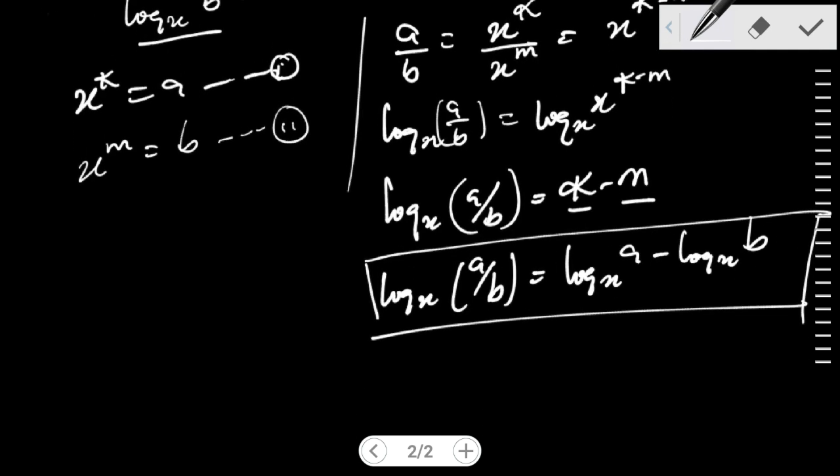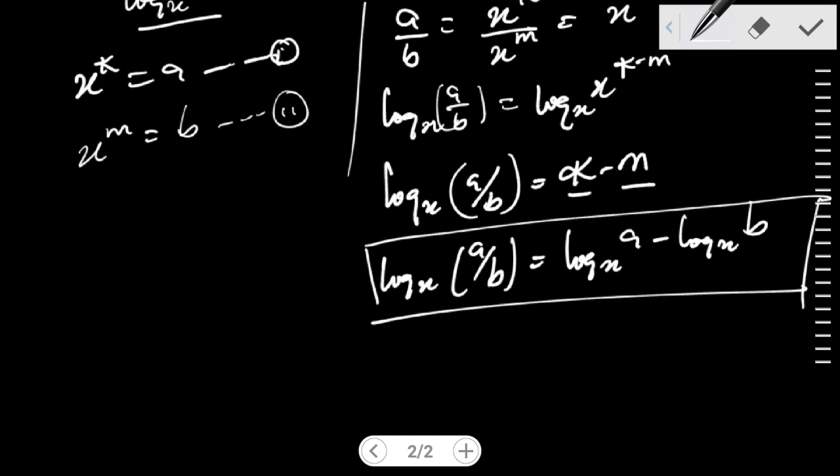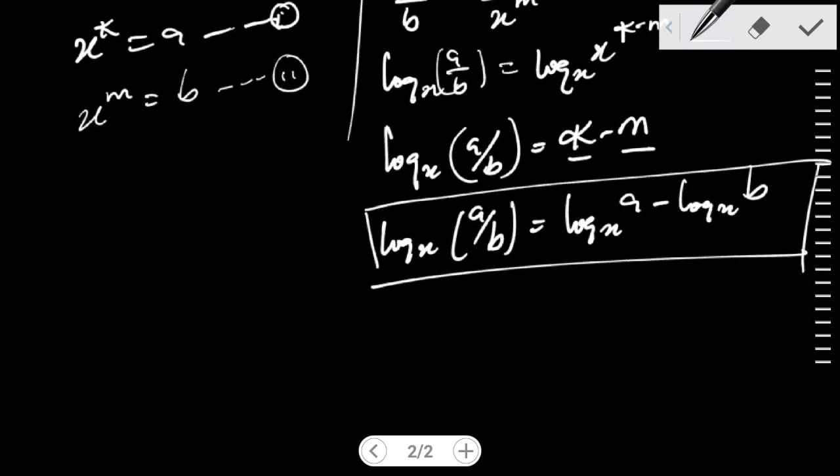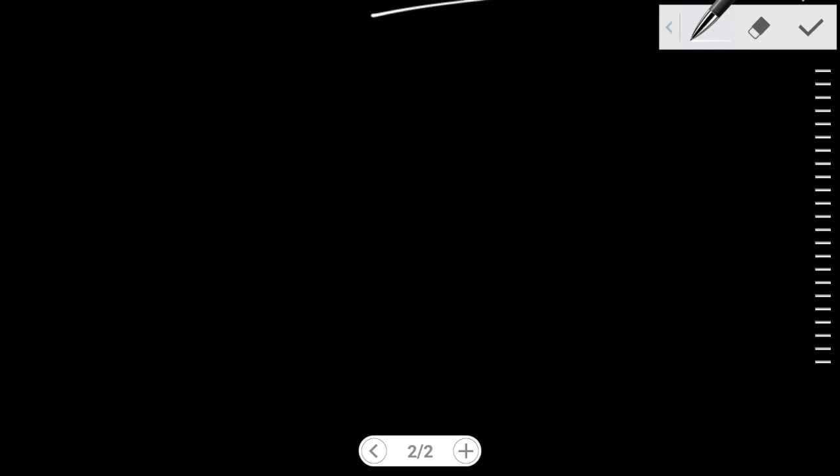So let's look at another expression. If I have log_x a to the power n, it equals n log_x a.